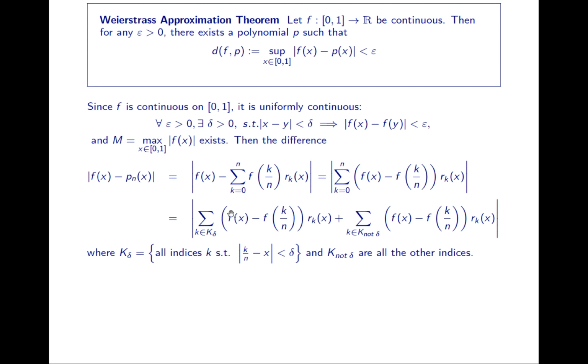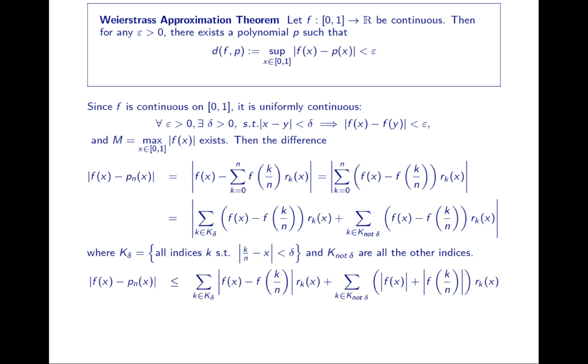Because for those indices, this is less than epsilon, according to this criteria here. So in other words, if these evenly spaced points are sufficiently close to x, we can bound this by epsilon. These we cannot. These are all the other indices for which this is not true. So this is not necessarily less than epsilon. Well, if this is not necessarily less than epsilon, this had better be small enough, because we want the whole thing to be small.